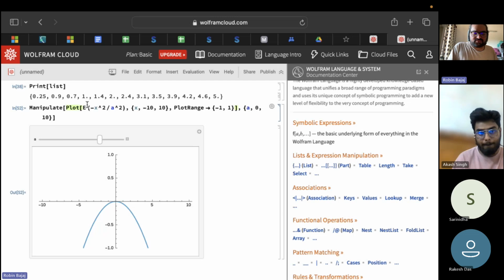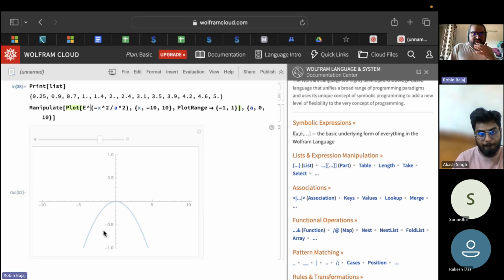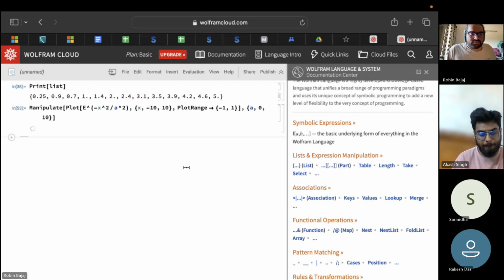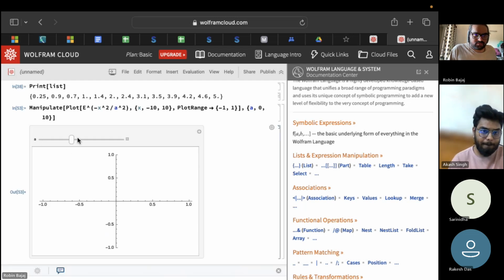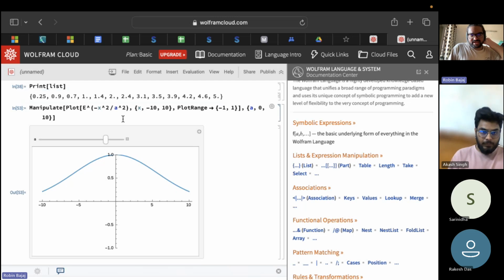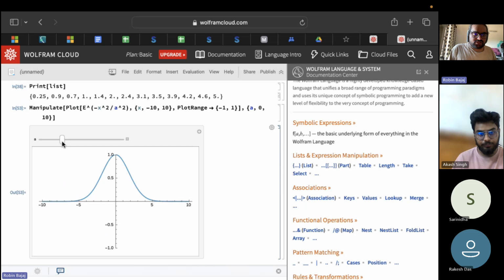Array. Okay, sorry. Yeah, I think it was also working. We were not in the correct regime, right? Yes, so that was also working. So you can see the manipulation of this. Fine, so this works.